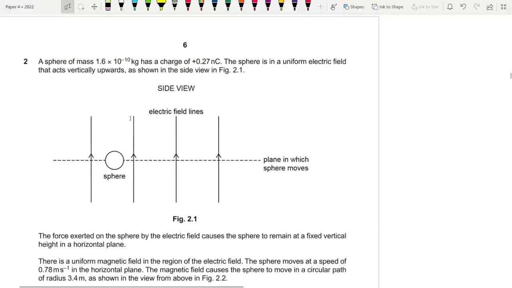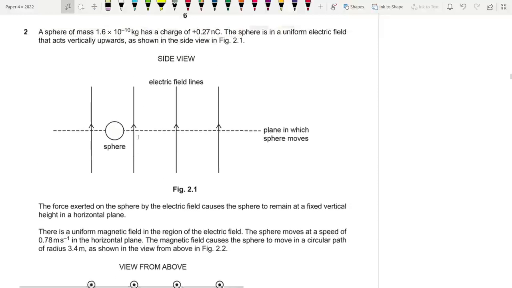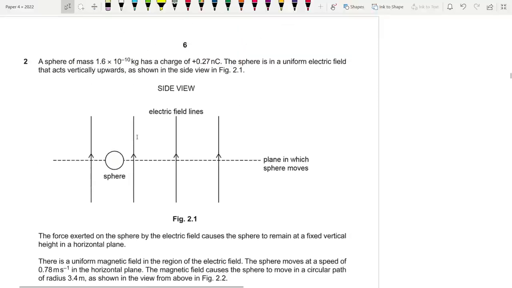So this is the side view. The force exerted on the sphere by the electric field causes the sphere to remain at a fixed vertical height in a horizontal plane. Do you guys understand what that means? So this is the plane in which the sphere moves.